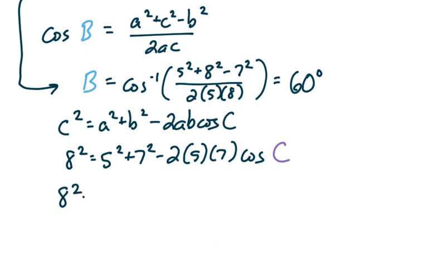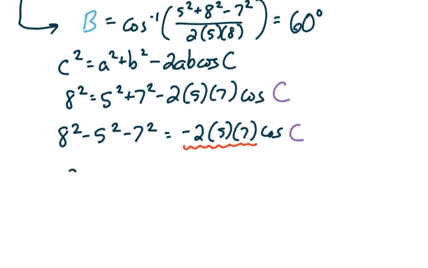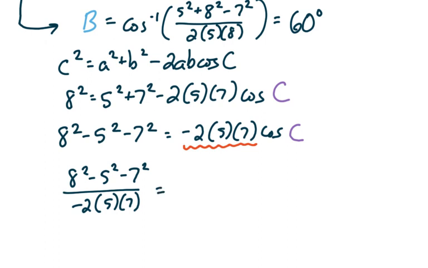I get 8 squared minus 5 squared minus 7 squared equals negative 2 times 5 times 7 times the cosine of angle C. All of this is multiplying the cosine of C, so I'm going to divide it out. I get 8 squared minus 5 squared minus 7 squared all over negative 2 times 5 times 7 equals the cosine of C.